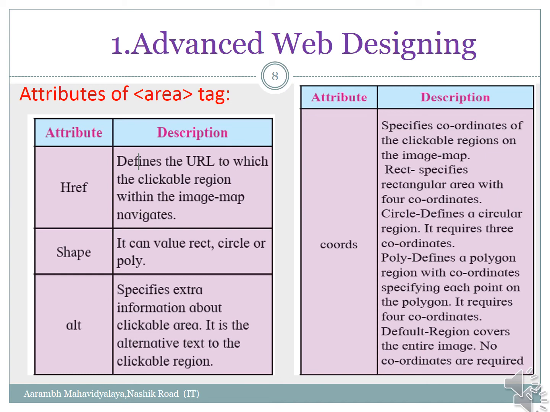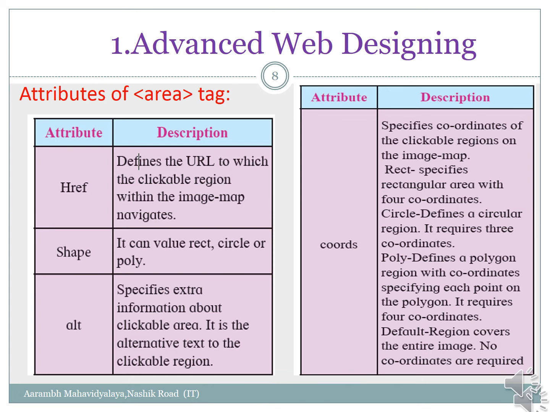And then the fourth attribute is coords. Coords means the coordinates. Here we are using three types of shapes. The first one is rect, the second one is circle, and the third one is poly. For displaying the rect, we require four coordinates.